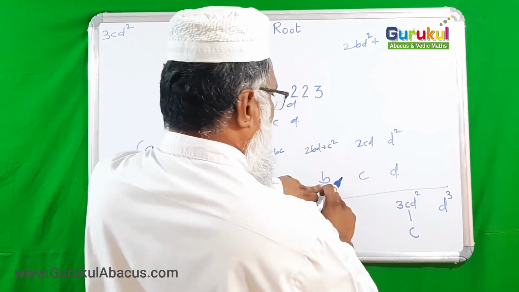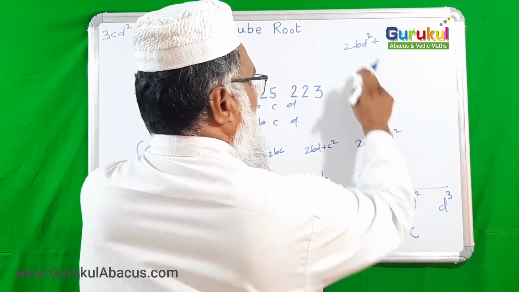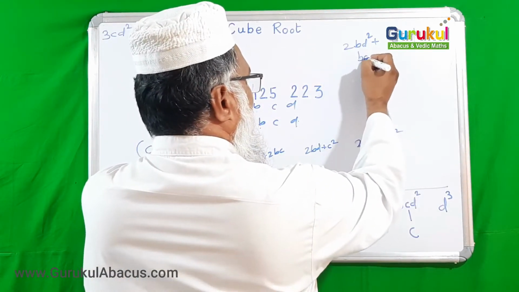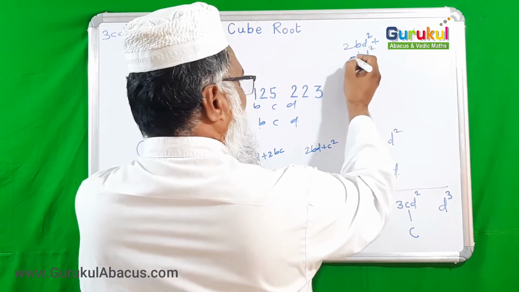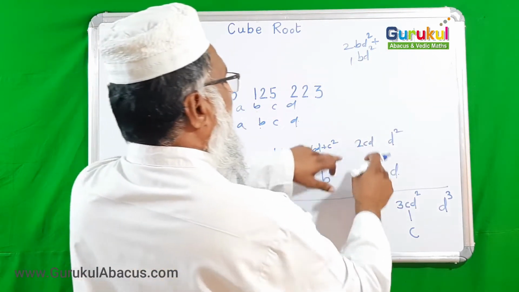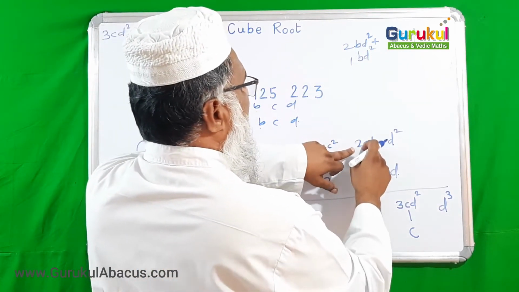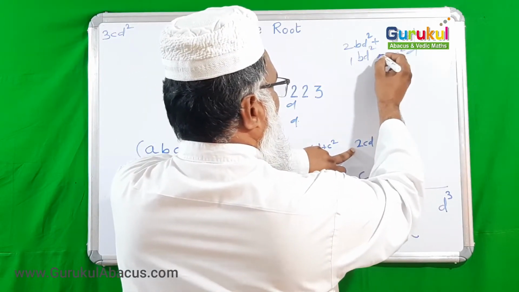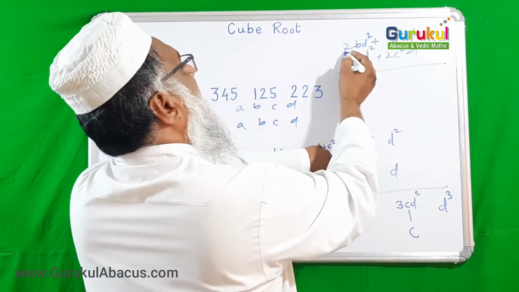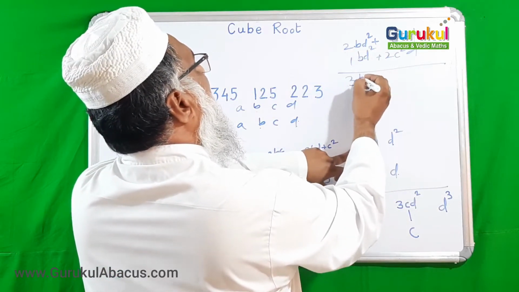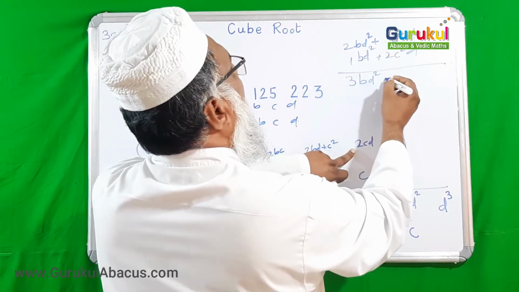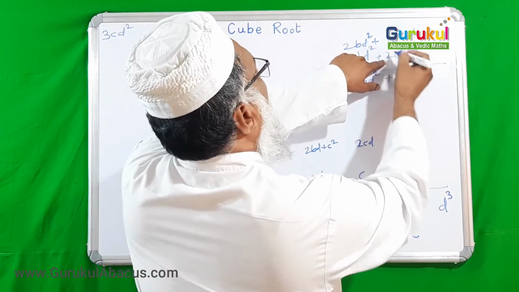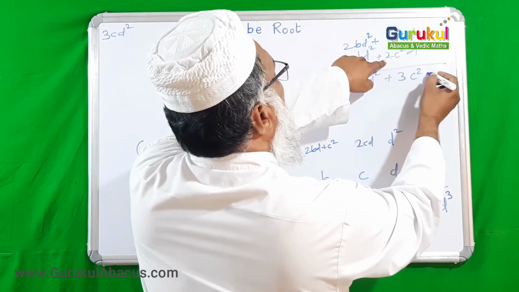Now this much, bd square, so here I want to write bd square, nothing, so 1 is there. Now middle, 2c square d, 2c square d. So finally it is 2 and 1, 3bd square plus 2 and 1, 3c square d.